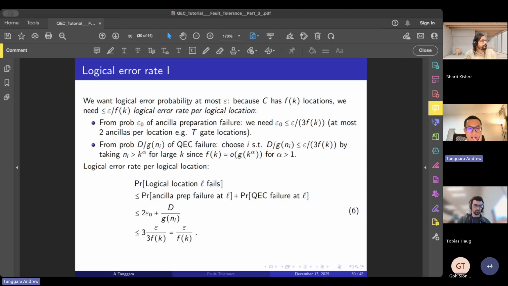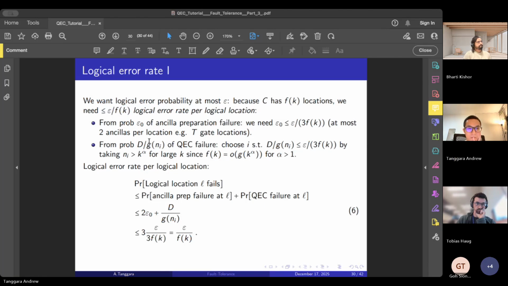Right. So we're going to start from this logical error probability to be at most some non-negative number epsilon. So this original circuit C has f of k locations, so we need the logical error rate per logical location to be smaller than this.